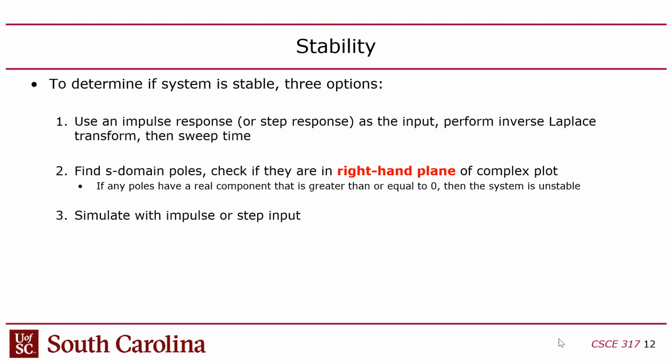What that does is inject an infinite number of sinusoids, because in order to generate an impulse, you have to add together an infinite number of sinusoids. So basically what you're doing with an impulse response is hitting it with every possible frequency. Think of a tuning fork: it has a resonant frequency, and the way you get a tuning fork to oscillate at that frequency is you whack it.